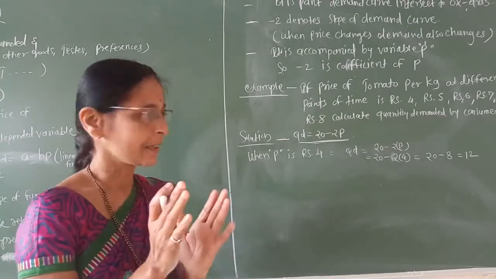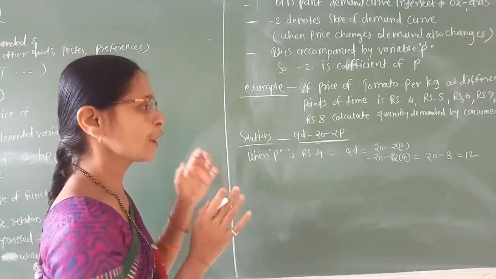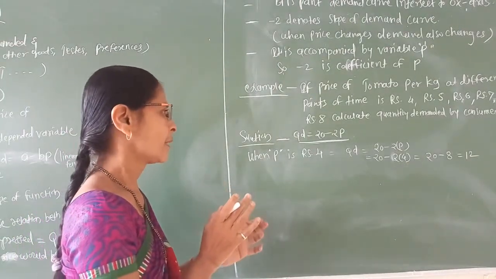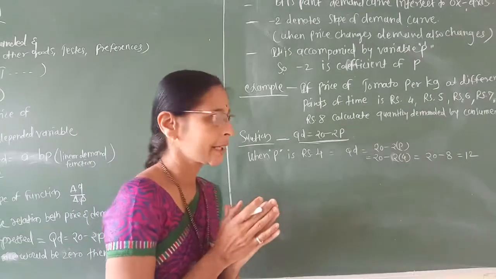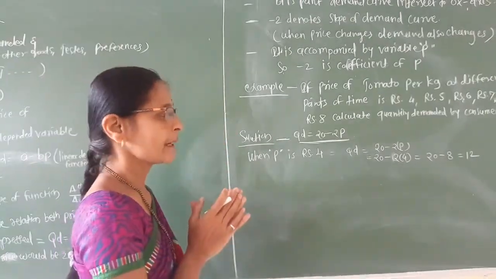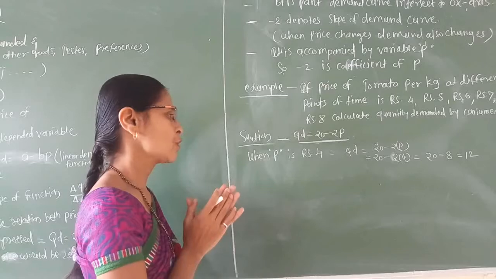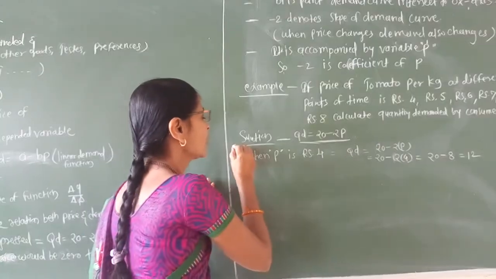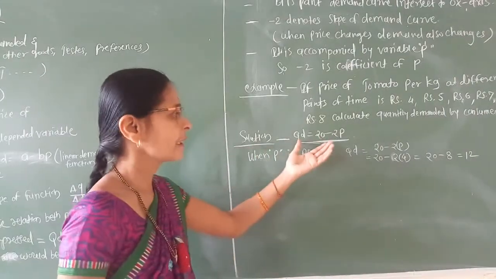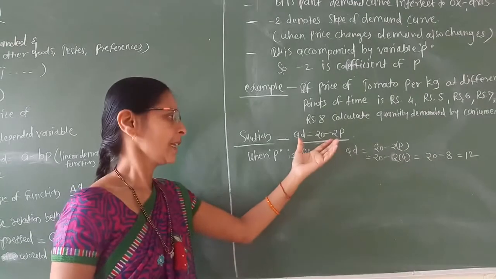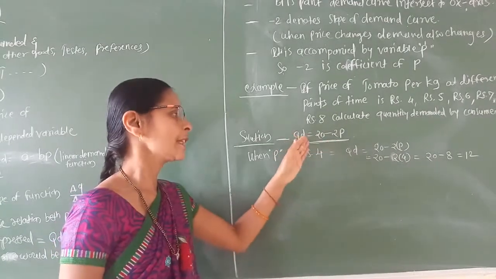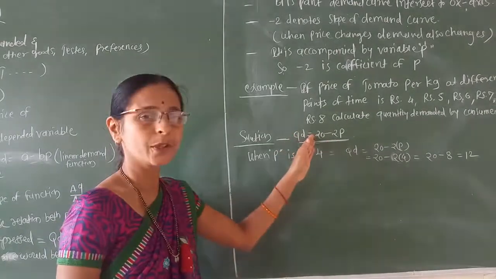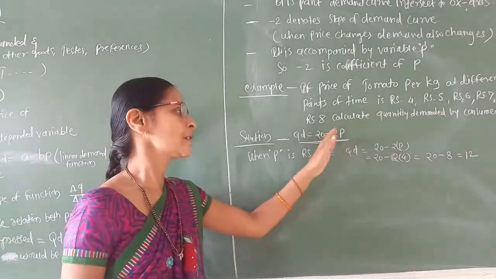If we want to calculate the quantity demanded by a particular consumer, we should use the demand function: quantity demanded is equal to 20 minus 2p.